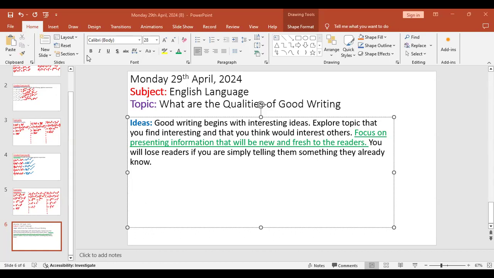Very good. So new, fresh, and relevant. Okay. Next we have organization. So after you have a great idea, an interesting idea, the next thing that you want to do is organize.